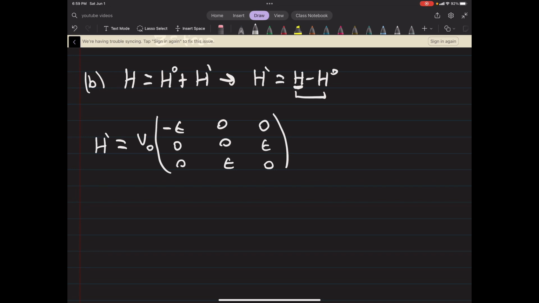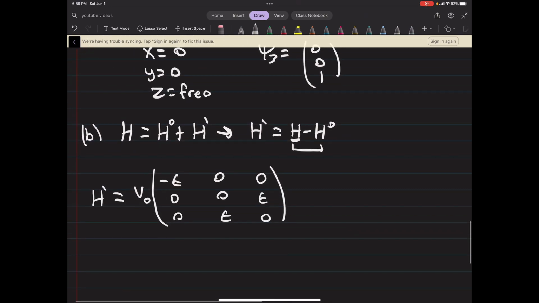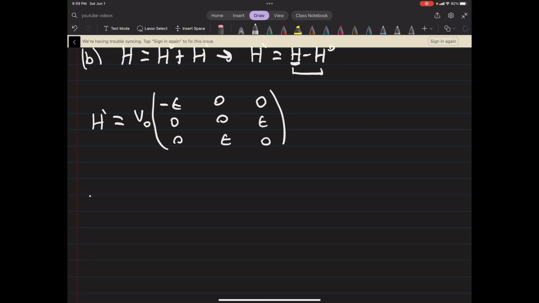And what I'm going to do is rewrite our eigenvalues that we found up here, and rename them into variables that the book uses. So our first eigenvalue was v naught, and that corresponds to a wave function, or eigenstate, of 1, 0, 0.